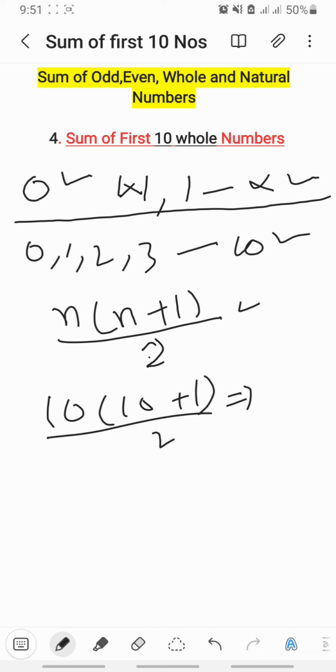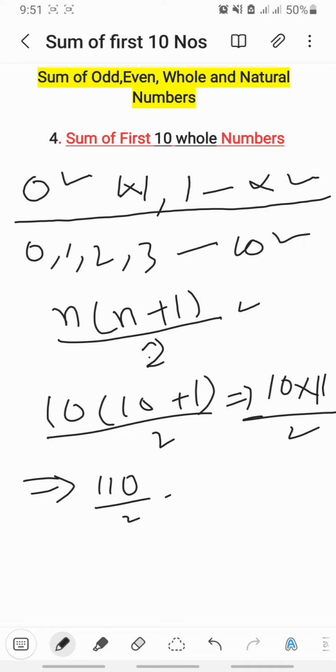So we get 10 multiplied by 11 divided by 2. By solving this, 110 upon 2 is equal to 55. So the sum of the first 10 whole numbers would be 55.